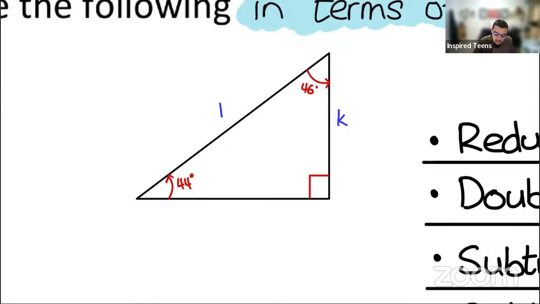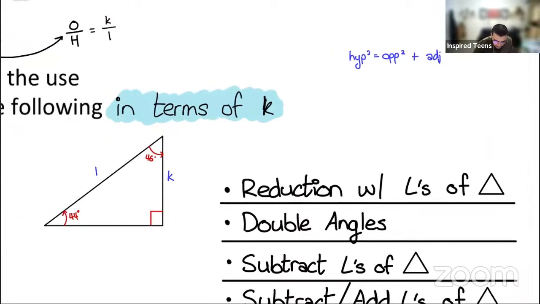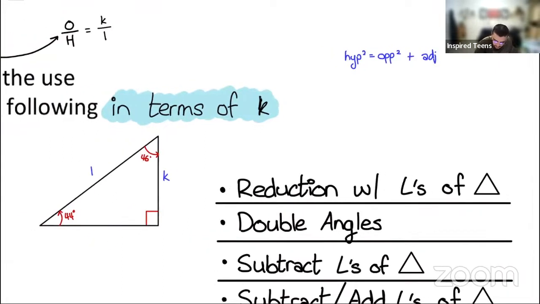Then the sides. Remember this is a 90-degree triangle, so we can use Pythagoras theorem. Pythagoras theorem is hypotenuse squared is equal to the opposite squared plus the adjacent squared. We don't have the adjacent, because we can work with 44. So the adjacent squared is equal to the hypotenuse squared minus the opposite squared.